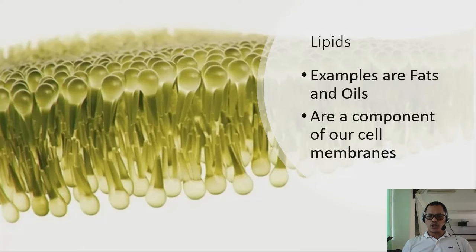Lipids are actually the different fats and different oils that are produced by our plants and animals. Lipids are also one of the basic components of our cell membrane. So the full detail about lipids will be discussed later on.